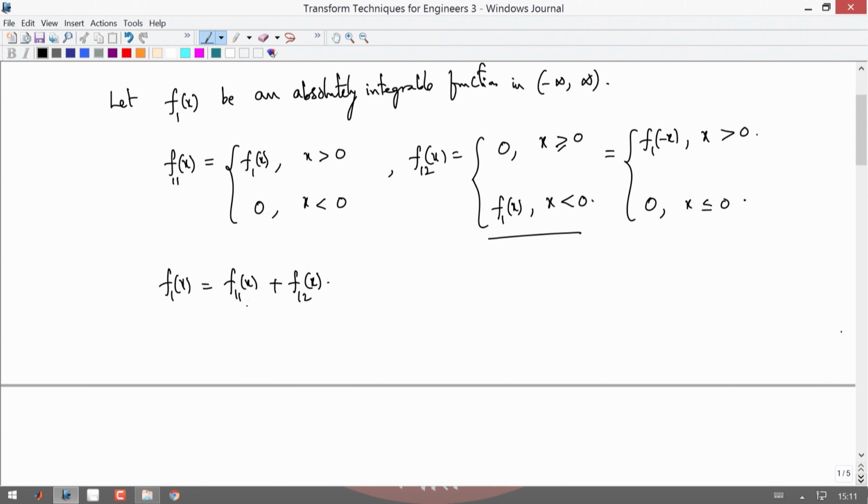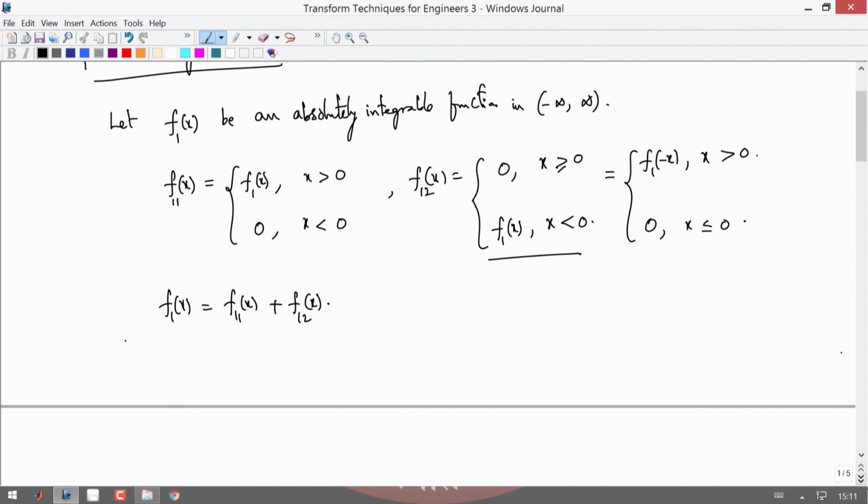We will consider only one such function, so let us choose only this part. The other part you can do similarly. This is also absolutely integrable: if f1 is absolutely integrable, then f11 is also absolutely integrable, and f12 is also absolutely integrable. So typically f11 is such a function.